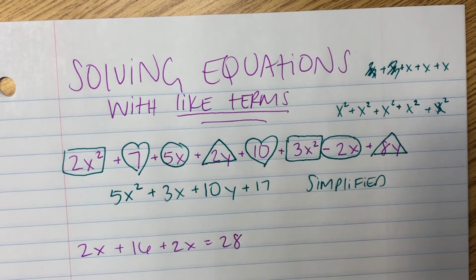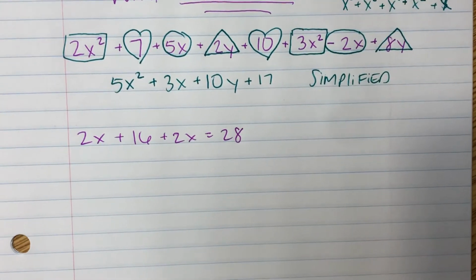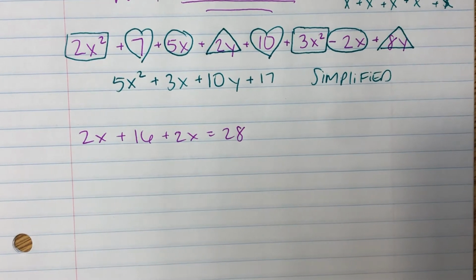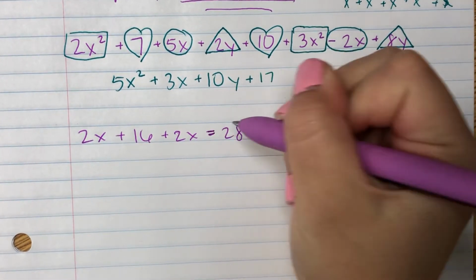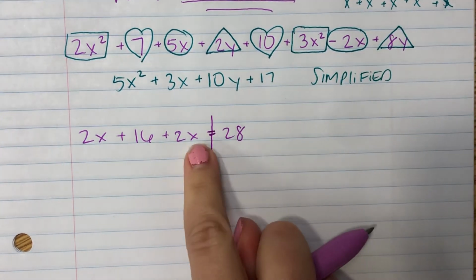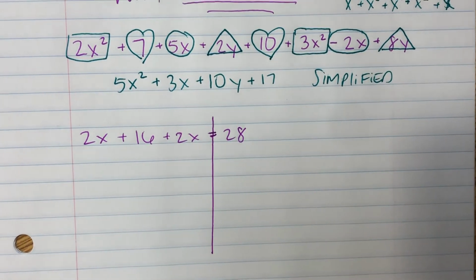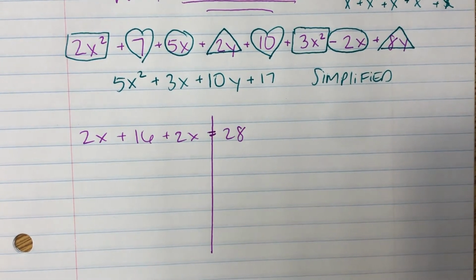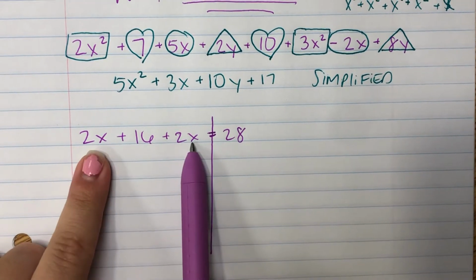So if we have equations that have like terms inside the equation, we know that when we have an equation, we're going to be able to solve. We are going to be able to figure out what our missing x is. The only thing is we have more than one x, just like we were trying to figure out what the mystery number was on last week's work. This time we're trying to figure it out with more than just one x.